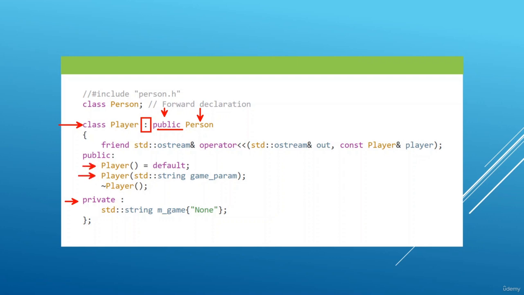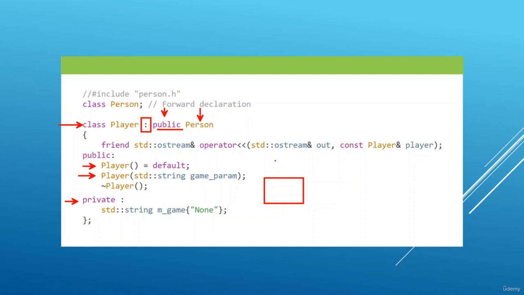We can really build player objects, but they are going to have a person part inside that is going to store information about this player person. You notice we don't have a member variable here for the first name. We don't have a member variable here for the last name, but that information is going to be baked into this player object. And this is really how inheritance helps us out.